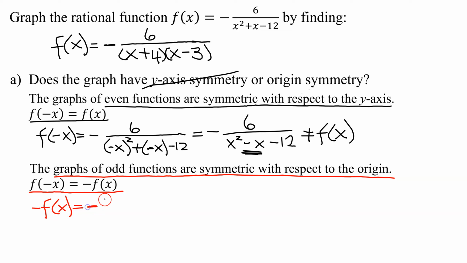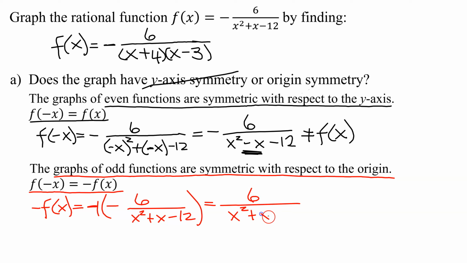So it's negative, my function, which is -6, all divided by x squared plus x minus 12. So -1 times -6 is +6 over x squared plus x minus 12.